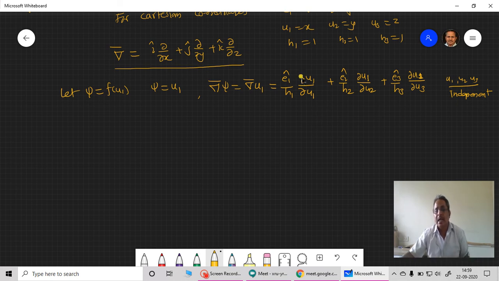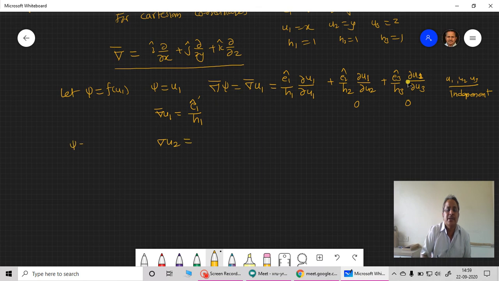Now, when I go for this, this will be simply 0, because u1 and u2 have no relation. This is also 0, and du1 upon du1 is simply 1. So in this case I get gradient of u1 is simply e1 cap upon h1. Similarly, I can get gradient of u2, that means in this case my psi is simply u2, there are no other components involved.